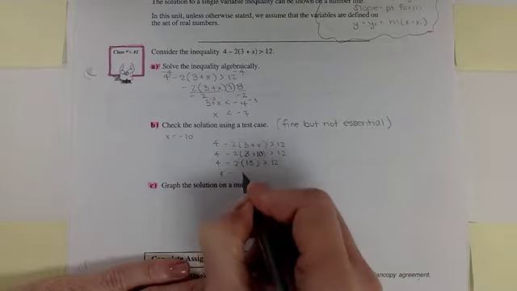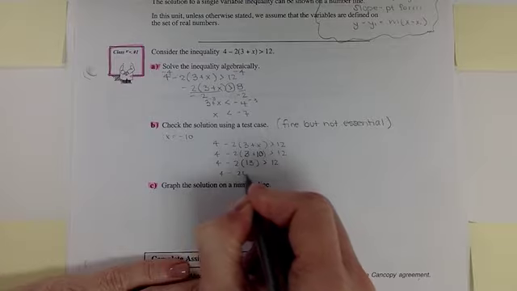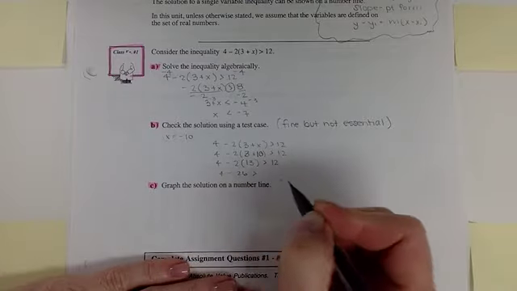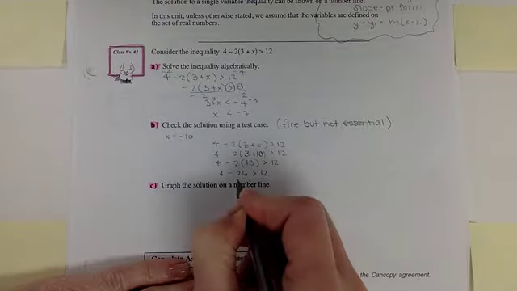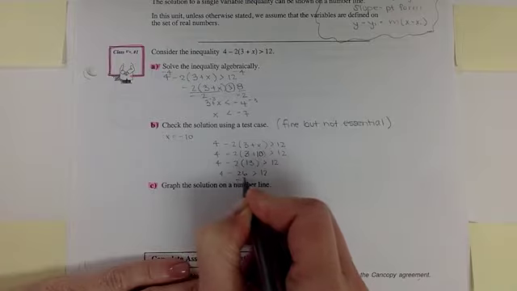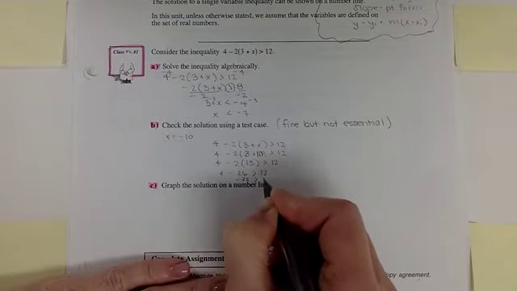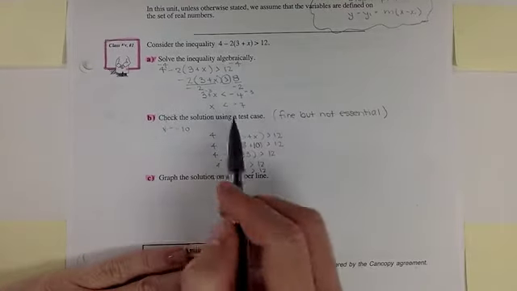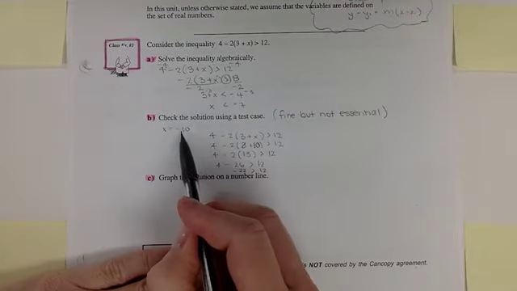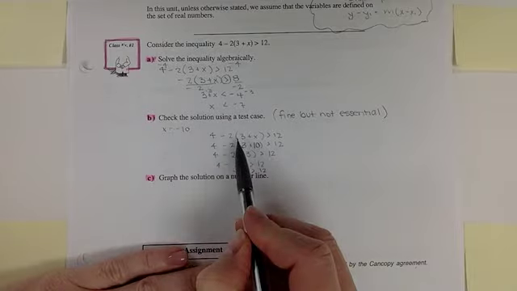4 take away 26 is greater than 12, and that'll be negative 22 is greater than 12. That's not true. Okay, what happened? x is less than negative 7. That's less than negative 7. Back into our original.